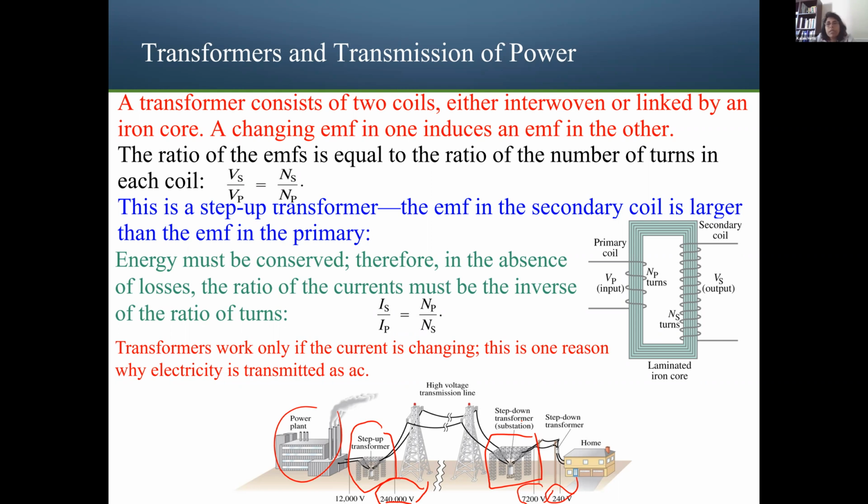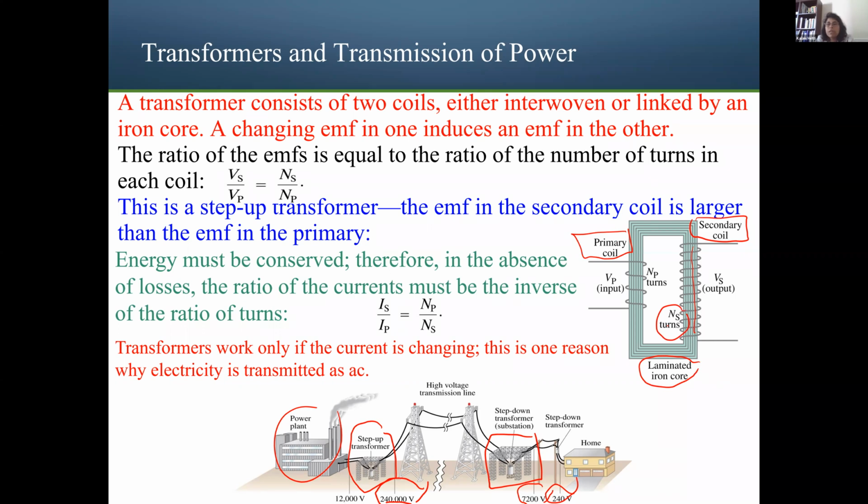So step up and step down transformers are usually built with an iron core and primary and secondary coils. If the secondary coil has more turns, you see more turns in here. If you have more turns in the secondary coil, you basically create a step up transformer.